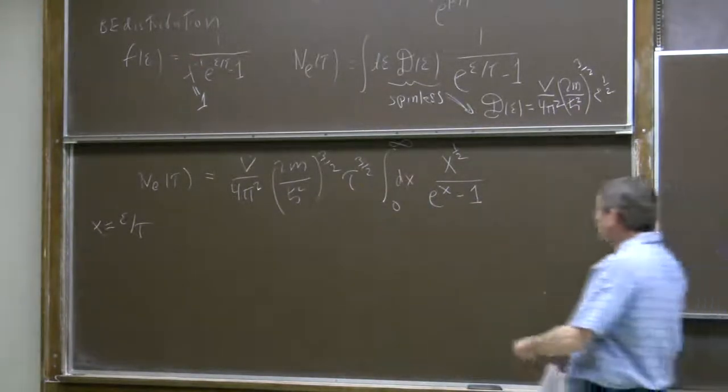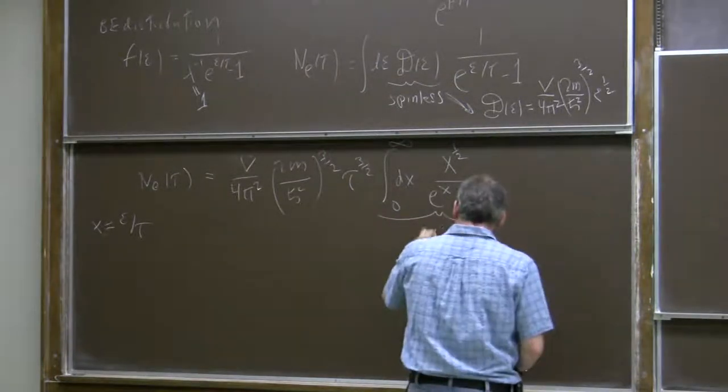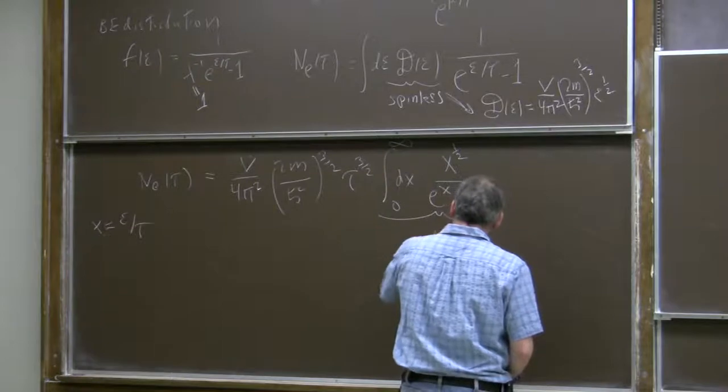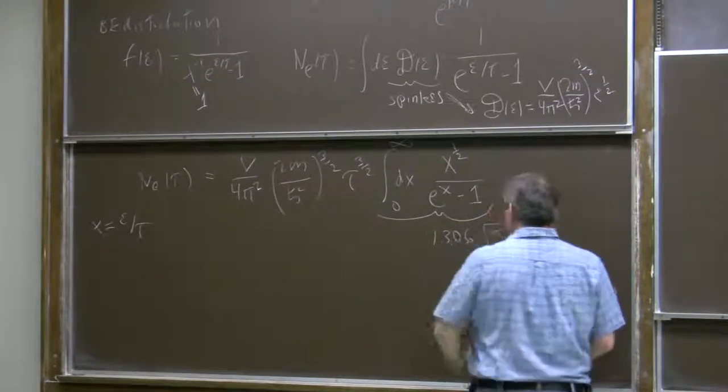So this is just some dimensionless number when we do the integral, which we'll choose to write as another dimensionless number times the square root of pi.